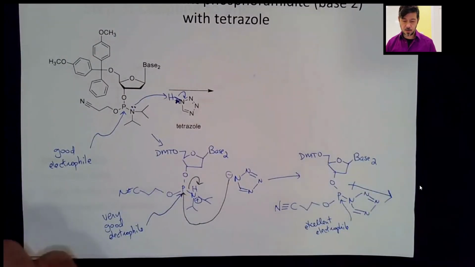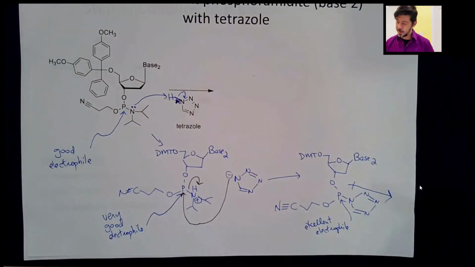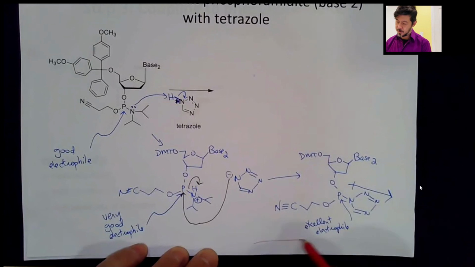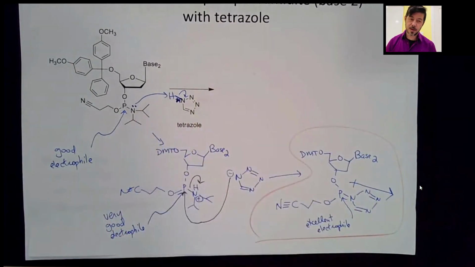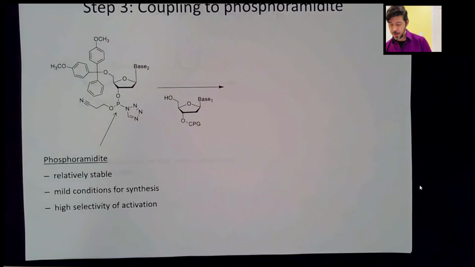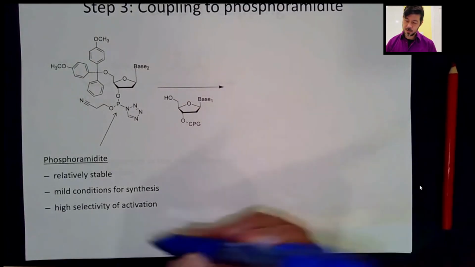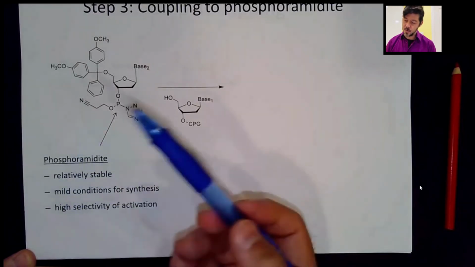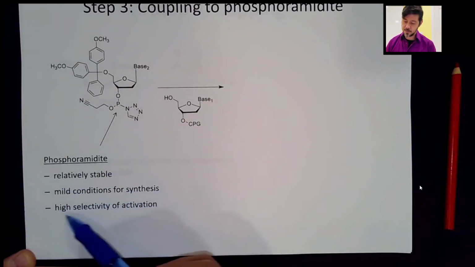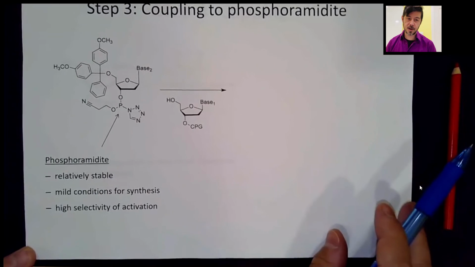All right, so the next step is going to involve coupling of this tetrazole phosphoramidite with the 5' hydroxyl group from step 1 that we deprotected. Okay, and this is what this looks like. So we've made this phosphoramidite, as I mentioned before, relatively stable, mild conditions for synthesis, high selectivity for activation.